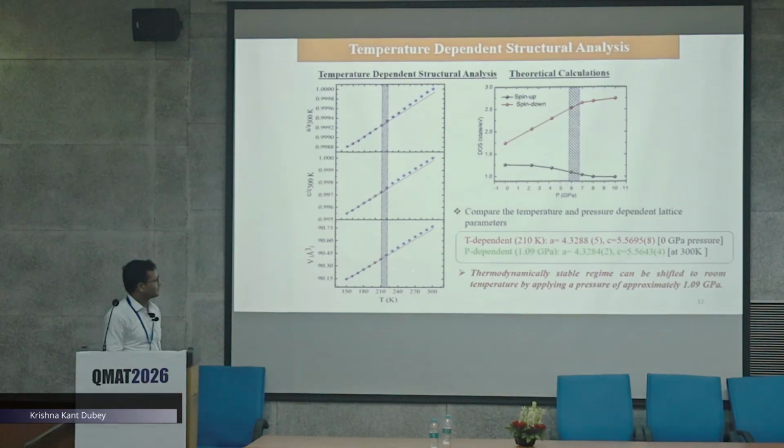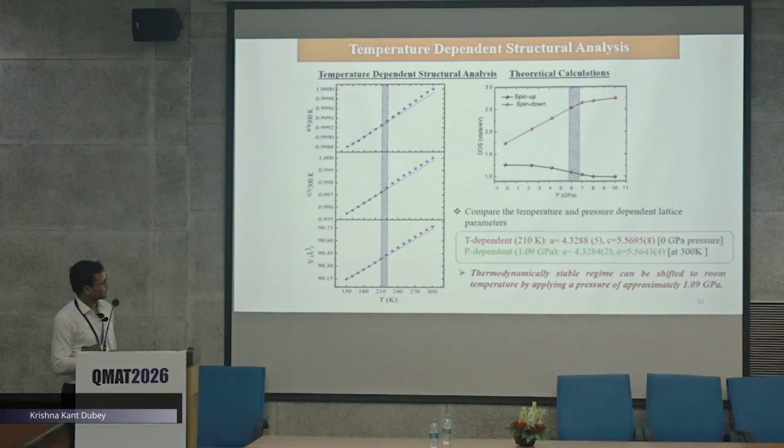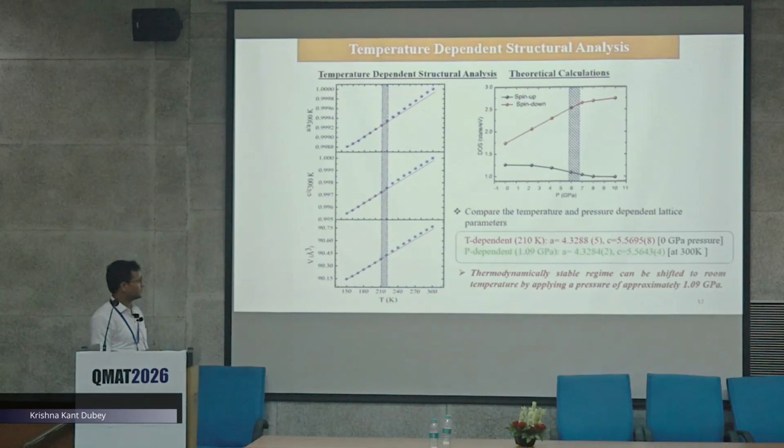Along with this experimental study, our collaborator also performed theoretical calculations. This is the DOS, where we can see the spin up changes rapidly, and at around 6 to 8 GPa pressure there is a slightly slower variation of this density of states.